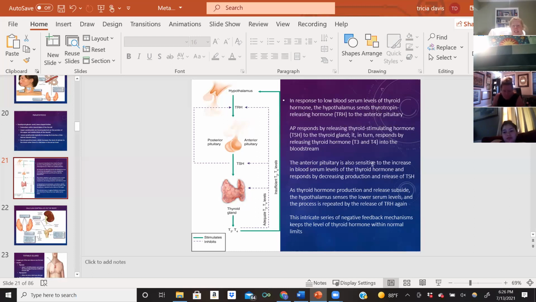The anterior pituitary is also very sensitive to any type of increase in blood serum levels of the thyroid hormone, and it's going to respond by decreasing production and the release of that TSH. So when there's too much, it's going to stop. As the thyroid hormone production and release stops, the hypothalamus will then sense the lower serum levels, and the process is repeated again by the release of TRH. So this is that negative feedback system that we were talking about that helps keep that homeostasis in our body.